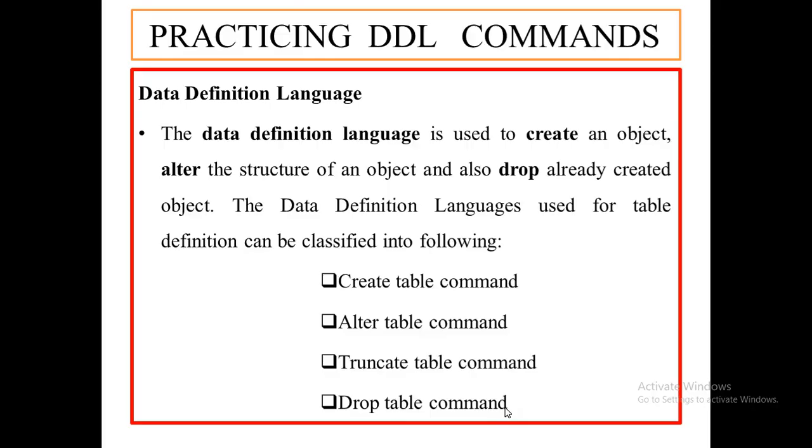Data definition language means it is used to create the object or alter the structure of an object, and it is also used to drop already created objects. That means by using data definition language, it is to create something, or to alter something, or to drop something.